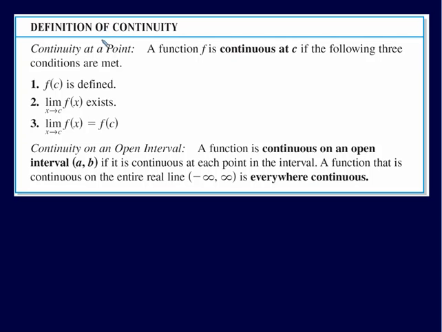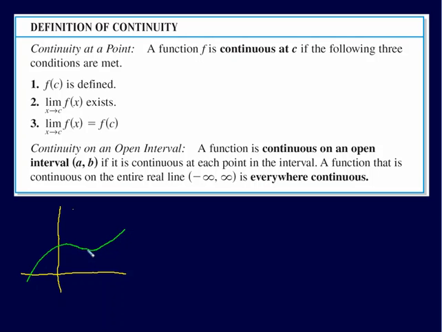So let's just review the definition of what it means for a function to be continuous. Now, in plain terms, we understood that a function's graph is continuous if you can draw all of it on a particular interval without lifting your pen.